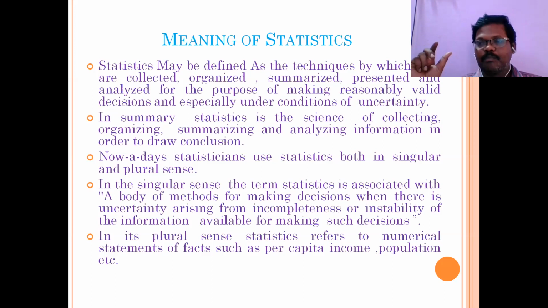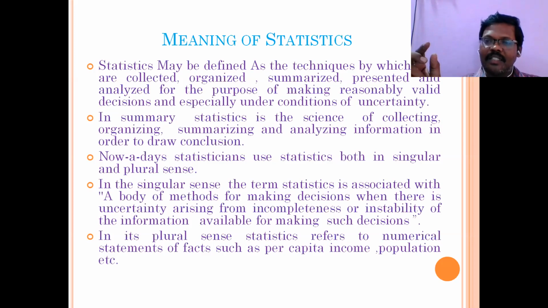Suppose the average score is around 70% or 75%, then we can conclude that the students in this class are very intelligent or have more subject knowledge. Like that we can conclude the information.